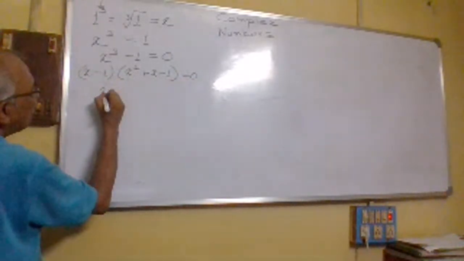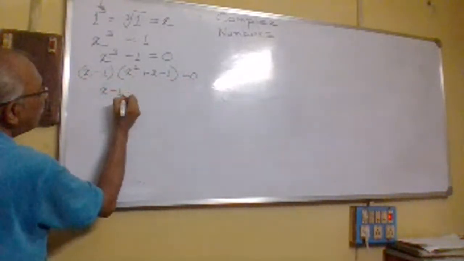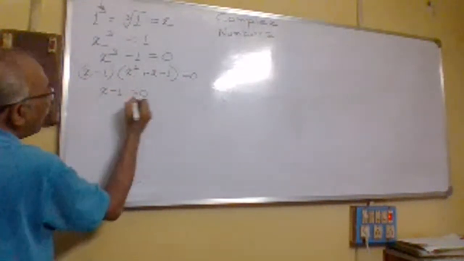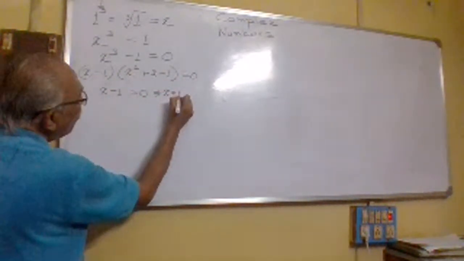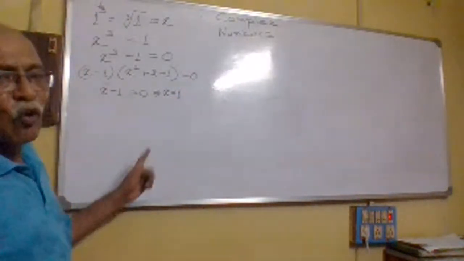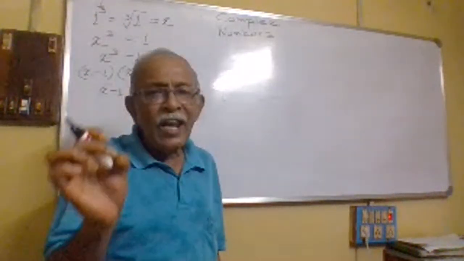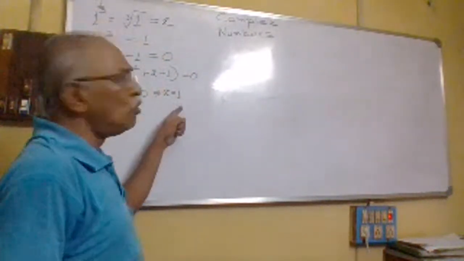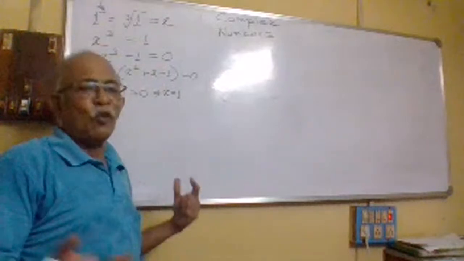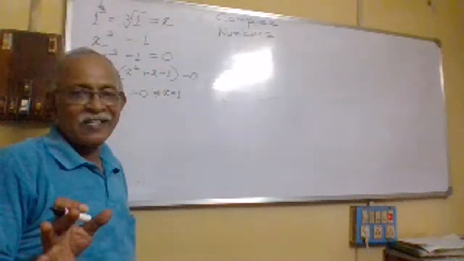From here we can say x minus 1 equals 0, and from here we are getting x equals 1. This is called the arithmetical cube root of unity, that is arithmetical cube root of 1, which you are knowing from much lower classes.